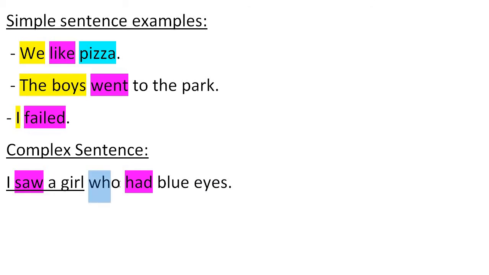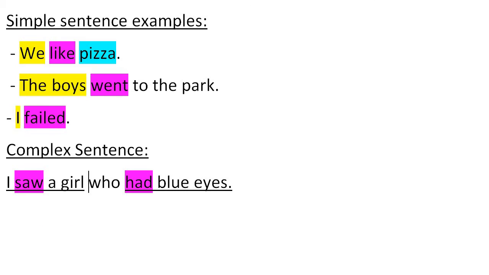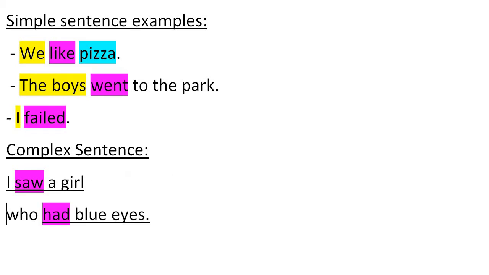Now in this case, the who is actually a conjunction, because that's the word that joins I saw a girl with had blue eyes. But if I were to take had blue eyes, that doesn't work as a sentence because it doesn't have a subject. Even if I were to add the conjunction, who had blue eyes, it doesn't work.